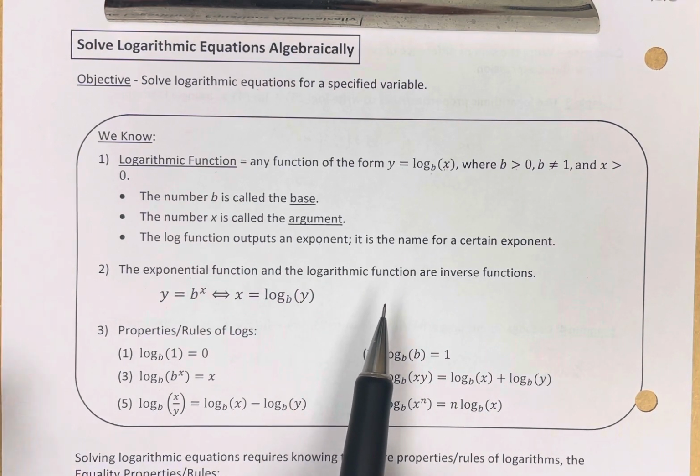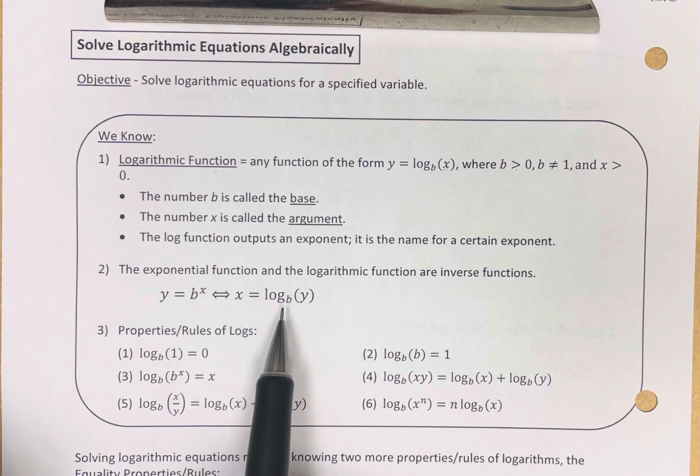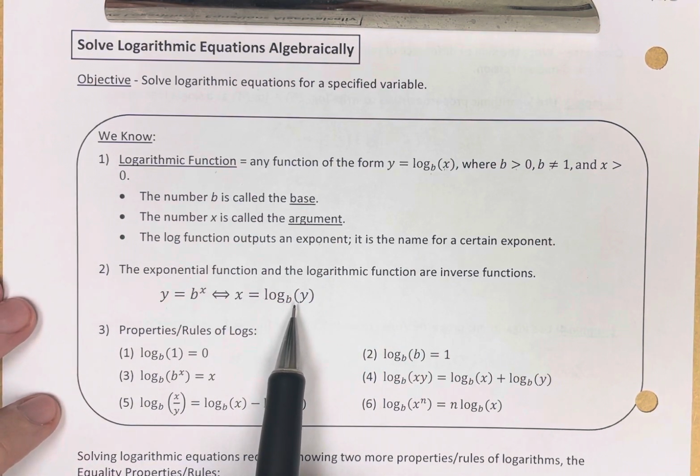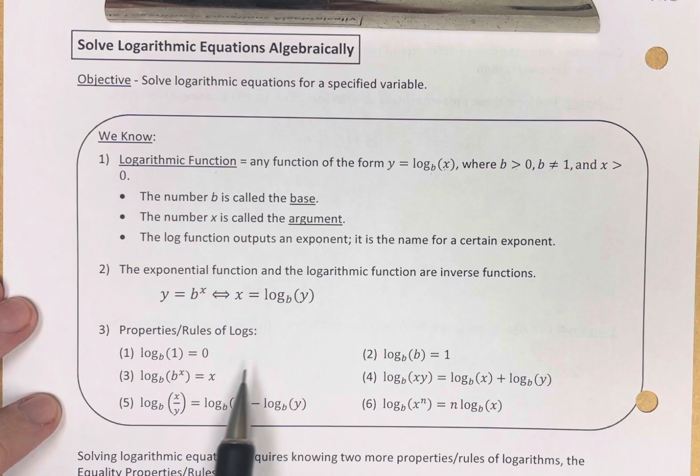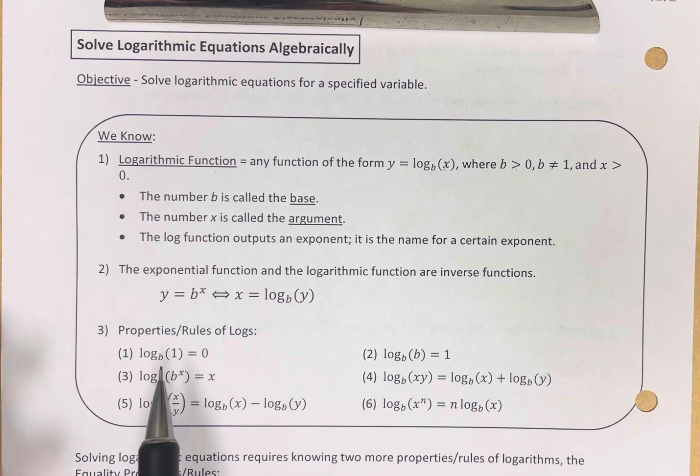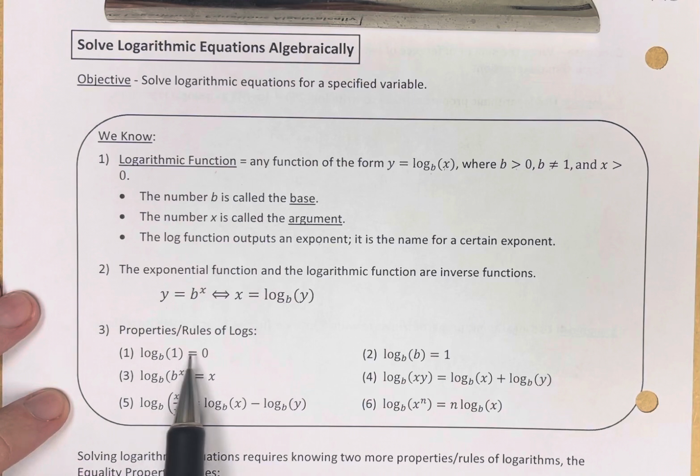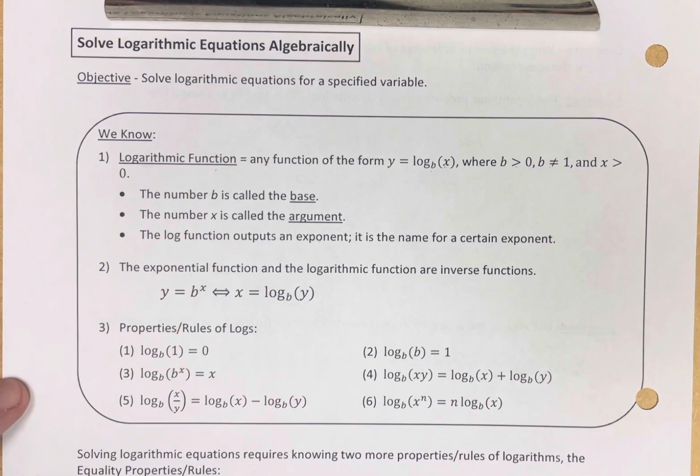So if we're trying to solve something, we can use the inverse function to undo the given function. And we know these properties of logarithms, log base b of 1 equals 0, etc. This is the product property, this is the quotient property, and this is the power property.